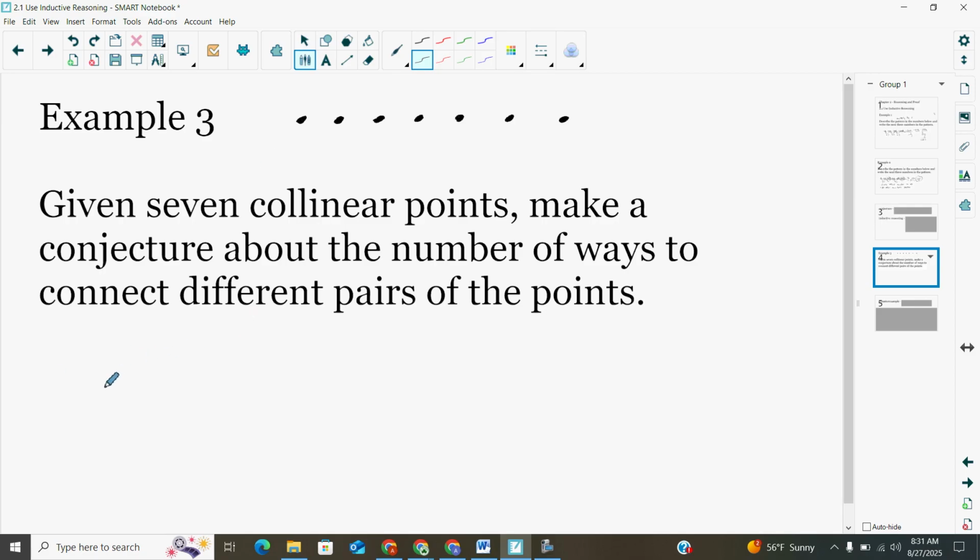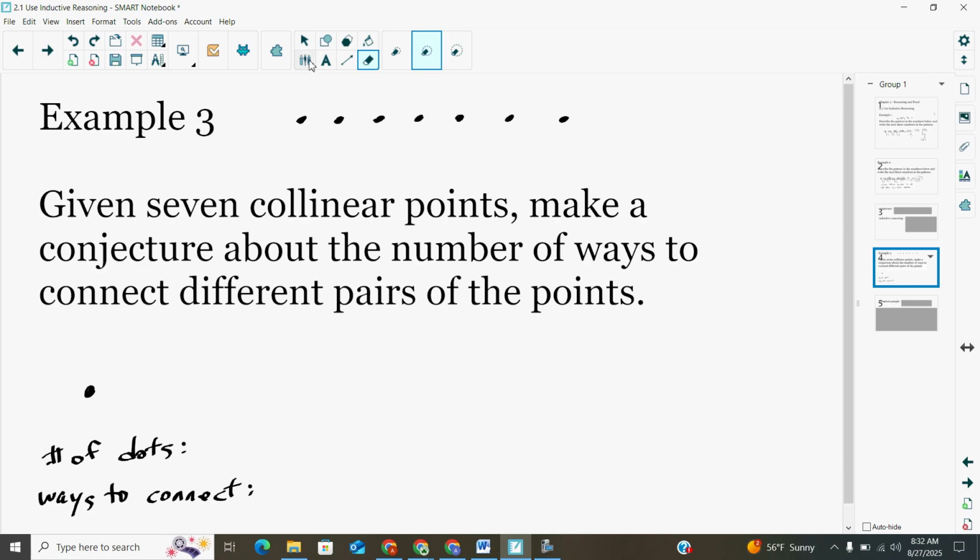Let's start with one dot. If I just have one dot, so number of dots, 1, and ways to connect. How many different ways can I connect that one dot to the other dots? Well, there are no other dots. So if I just have one dot, there are 0 ways to connect.